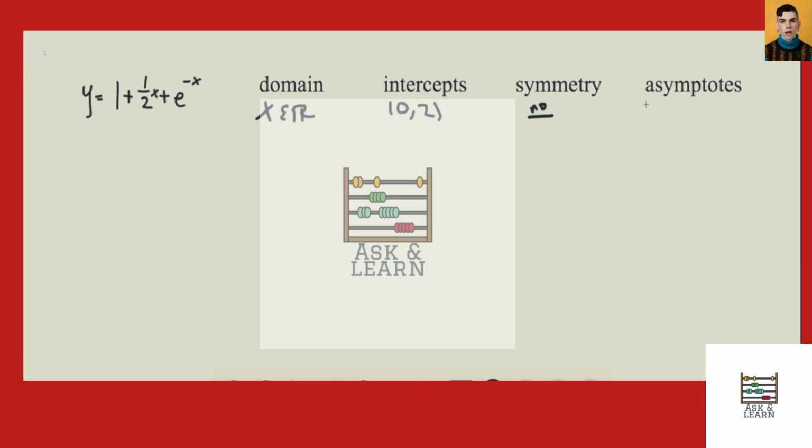Asymptotes, so we do have a slant asymptote, and if we look at the limit as x approaches infinity of our function, which is 1 plus 1 over 2 x plus e to the power of negative x, we see that we get the limit of 1 is 1.